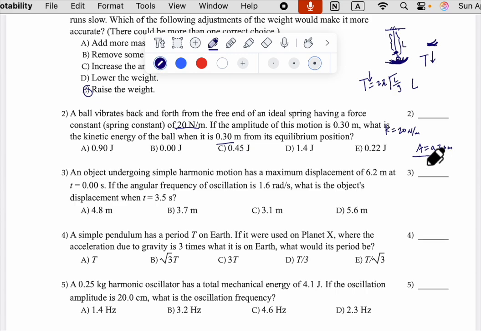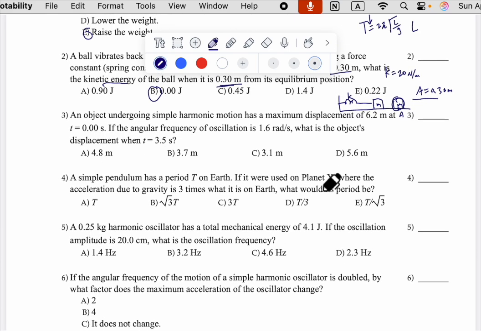So this is the amplitude and this is the spring-mass system. If you grab the object here at the amplitude location, kinetic energy is 0. It is 0 at the amplitude position.